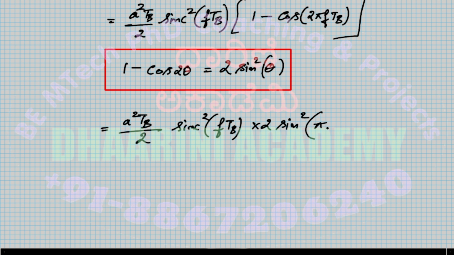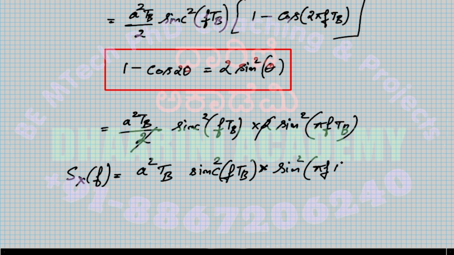So my final answer, Sx of f, the power spectral density, is A square Tb into sinc square of f Tb into sine square pi f Tb. So this is the final answer.